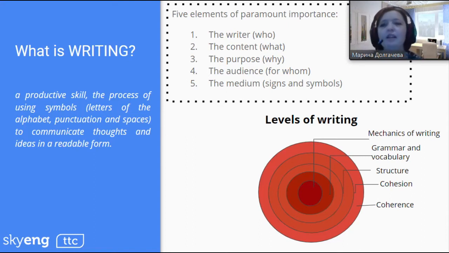So how the ideas are connected between each other, if everything is to the point, if there is no redundant information. It's really tricky for a student if there isn't enough practice on that stuff. So levels of writing are of high importance.